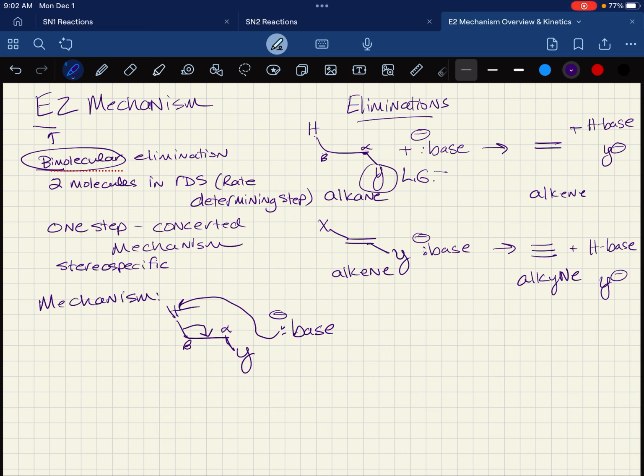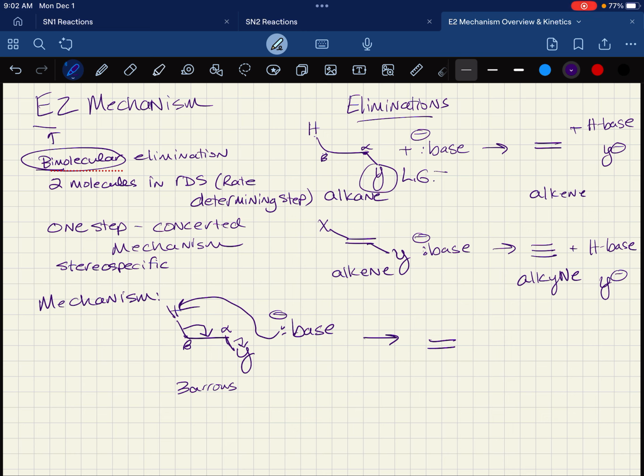So that pi bond gets made using the carbon-hydrogen bond electrons, and at the same time, the leaving group leaves. So all three arrows, so notice that this is three arrows, these are all occurring simultaneously. It's not that the base grabs the proton and then the pi bond forms and then the leaving group leaves. This is all happening all at once.